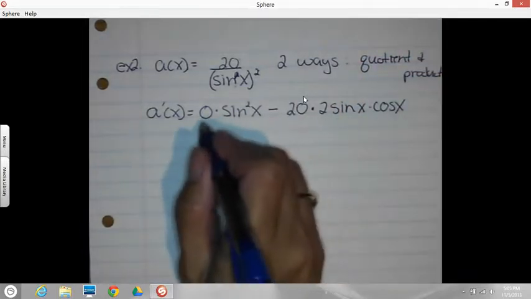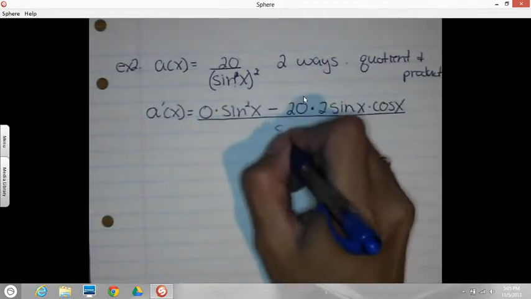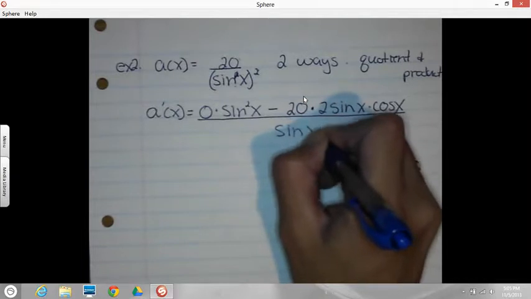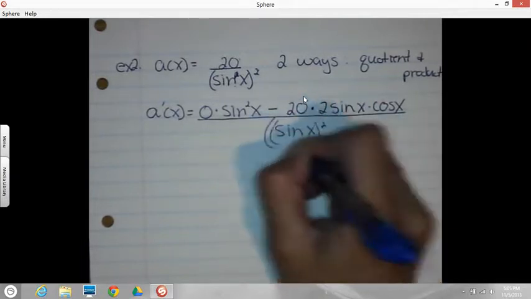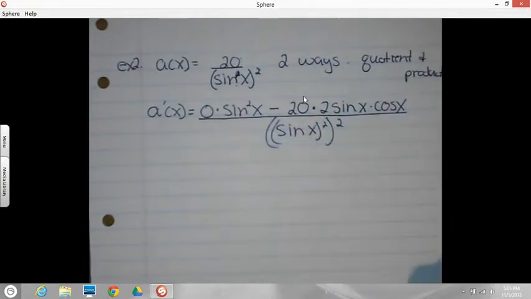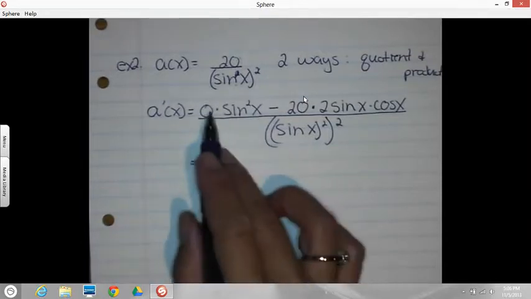And then we're all over the bottom, which is sine squared, and I need that squared. So I'm going to factor the top, or I don't even have to factor, that goes away, that's 0.